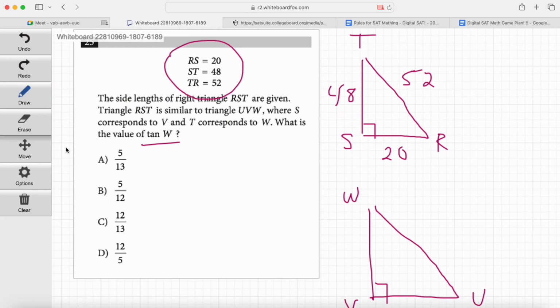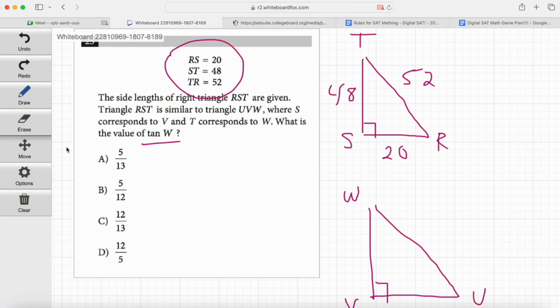But when we're dealing with SOHCAHTOA, which we are here, we can just assign some values to these sides, because we're just talking about the ratios of the sides. Does that make some sense? Yes. We can literally just assign the same values. We don't know exactly, but it's going to be the same ratios. So I'm just going to get the same values. So I'll do that, 52.